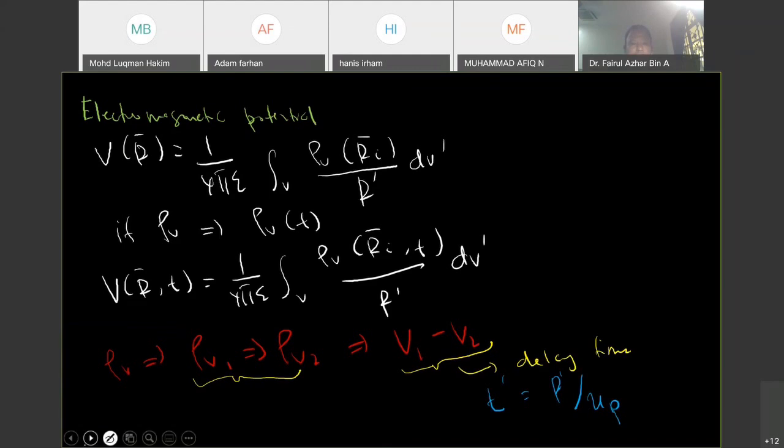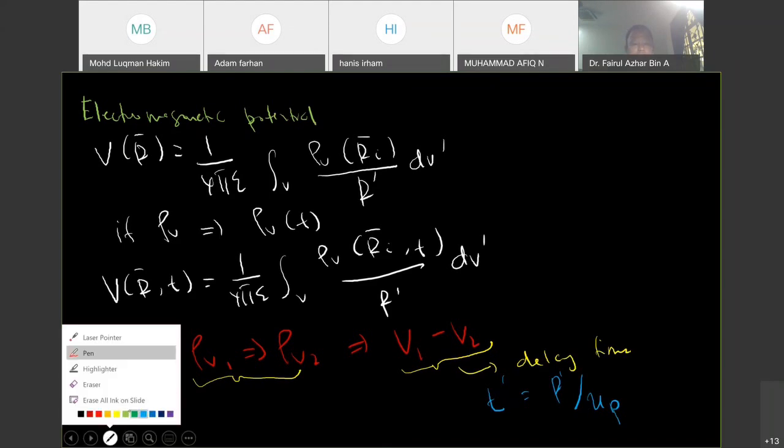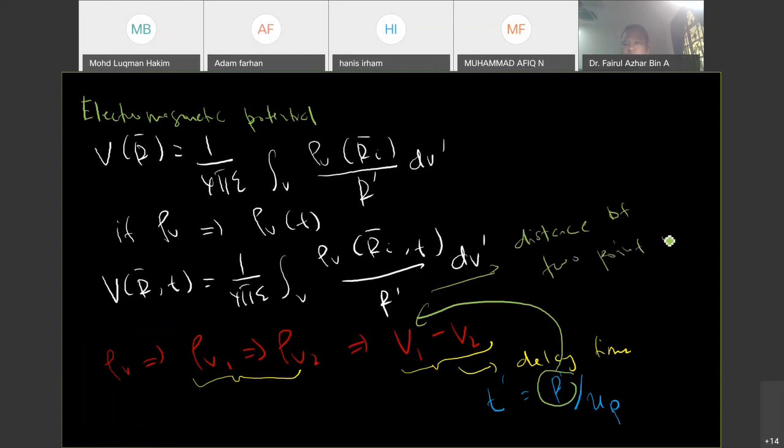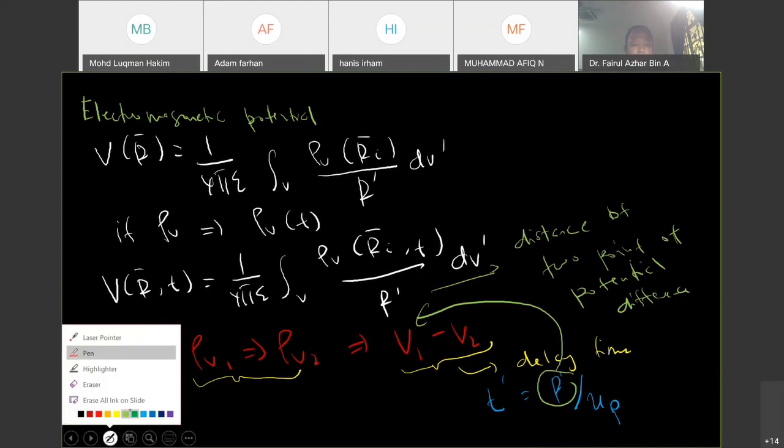So R prime is similar to what we have here. Actually it is a distance of 2 points, 2 points of potential difference. And the UP here is what we call the propagation speed.